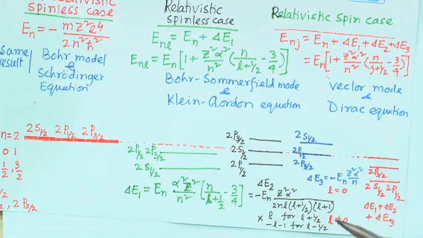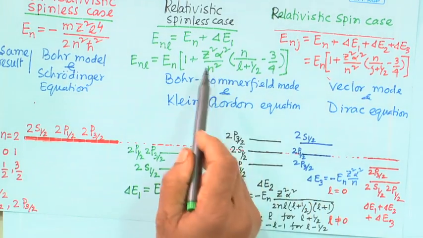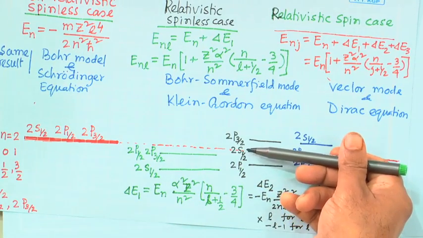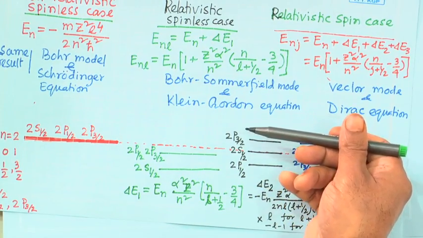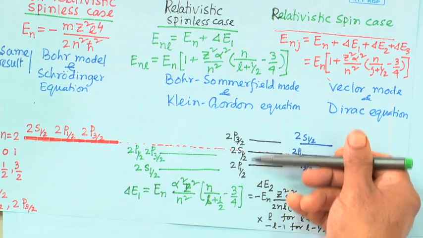For P 3 by 2 a small positive term was added to the negative, so it has come up and reduced the negative value. And for P half it increased the negative value.